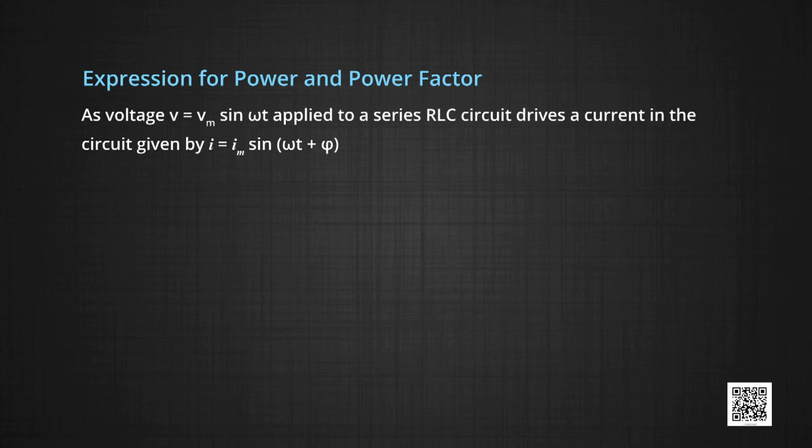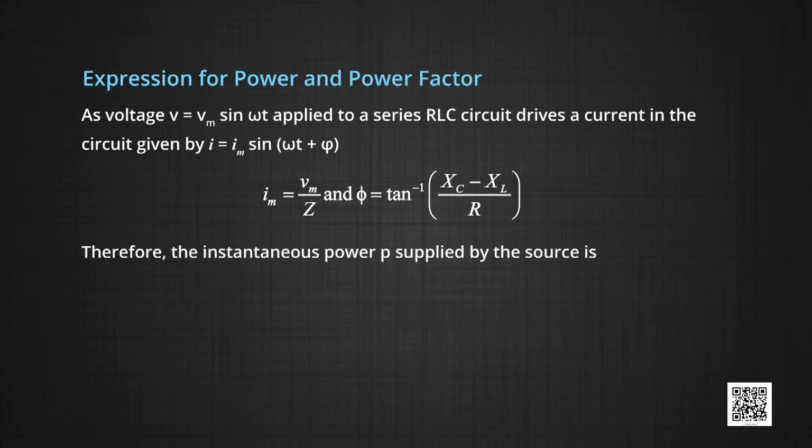A voltage written as V equal to Vm sin omega t, applied to a series LCR circuit, drives a current in the circuit given by I equal to Im sin (omega t plus phi), where Im is equal to Vm divided by Z, and the phase difference phi is equal to tan inverse of (XC minus XL) divided by R. Therefore, the instantaneous power P supplied by the source is P equal to VI, as we know.